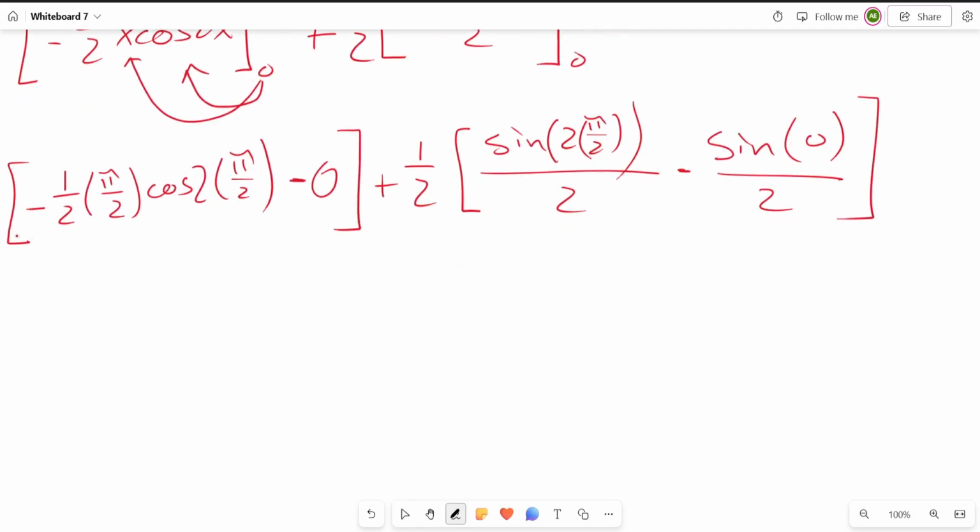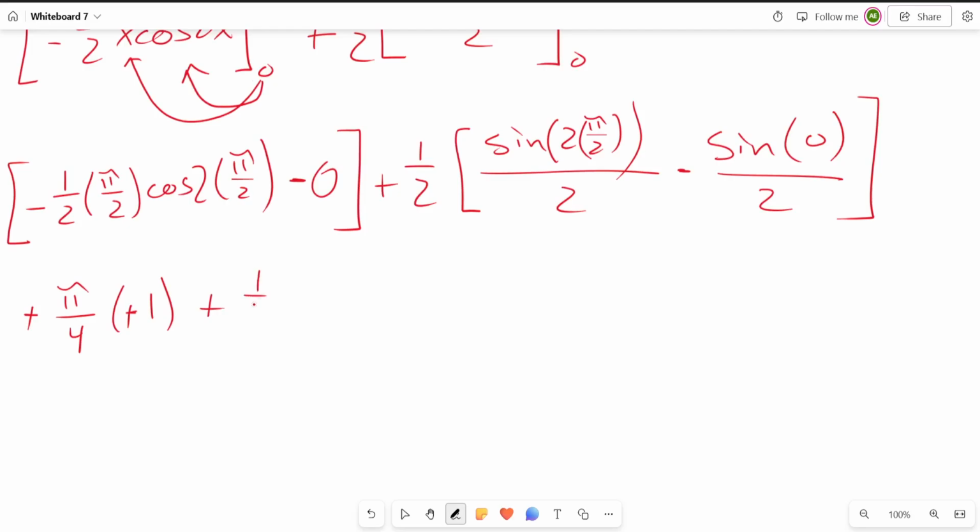So over here, this is going to be minus half times pi over 2, which is basically minus pi over 4, times cosine pi over 2. So what's cosine of 2 times pi over 2? It is basically minus 1. So multiplying by minus 1, this and this will cancel.